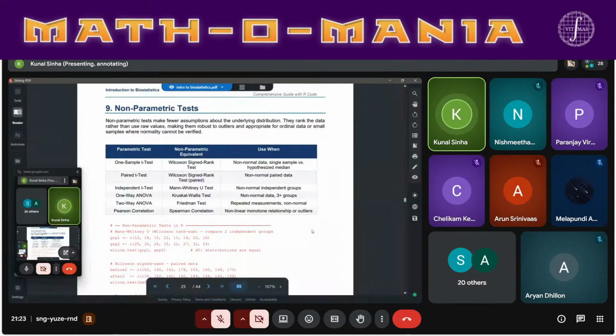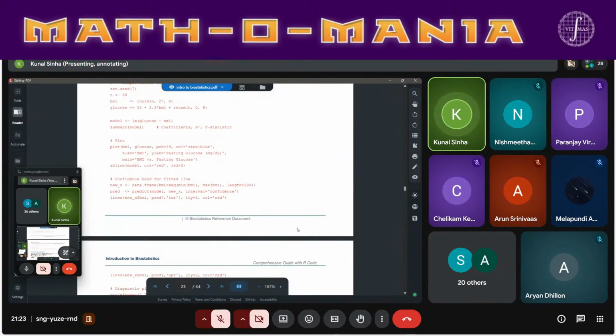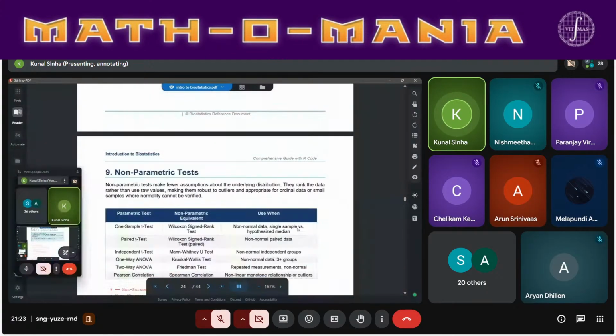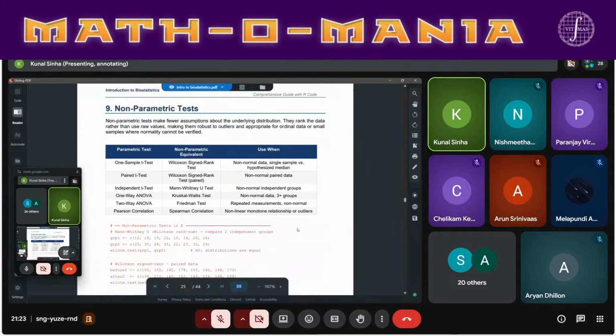Then there are non-parametric tests. Parametric tests, which we studied earlier, make a certain assumption about what kind of distribution the data has. But non-parametric tests have no such assumptions, or very small assumptions. There are a lot of different types of distributions.